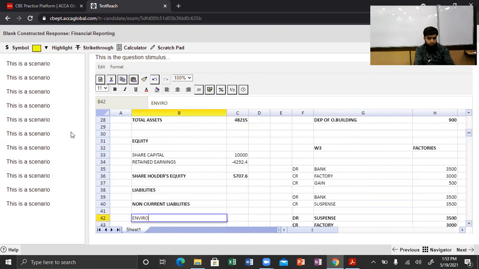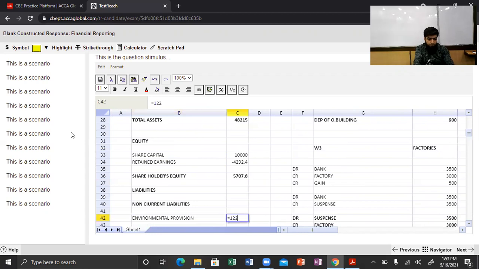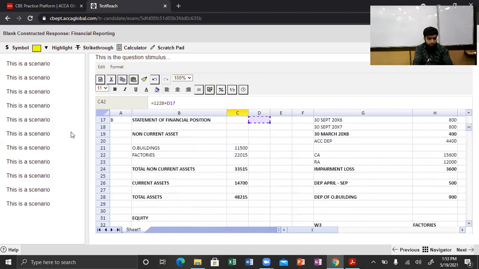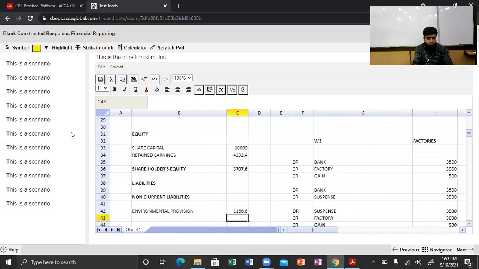But remember, the environmental provision given in the trial balance is the present value, and we have unwound that present value, that is 1228 plus 61.4, which is 1289.4. So that is the environmental provision.